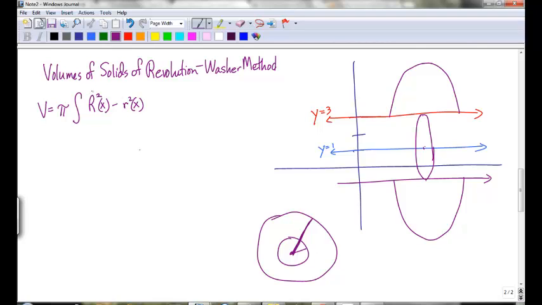Then it's that whole thing with respect to x, from a to b. We've already squared them inside. And we label this one as revolved about the x-axis.